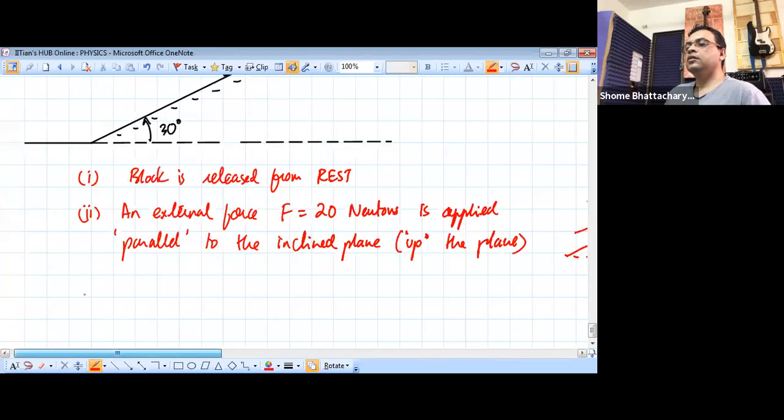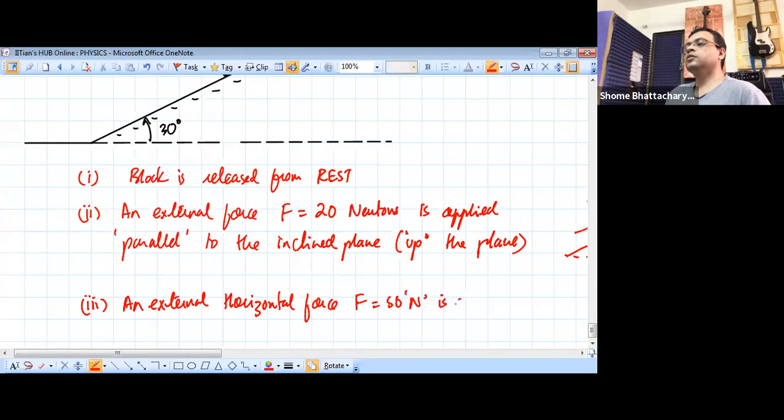And in case 3, an external horizontal force of some newtons is applied into the block.